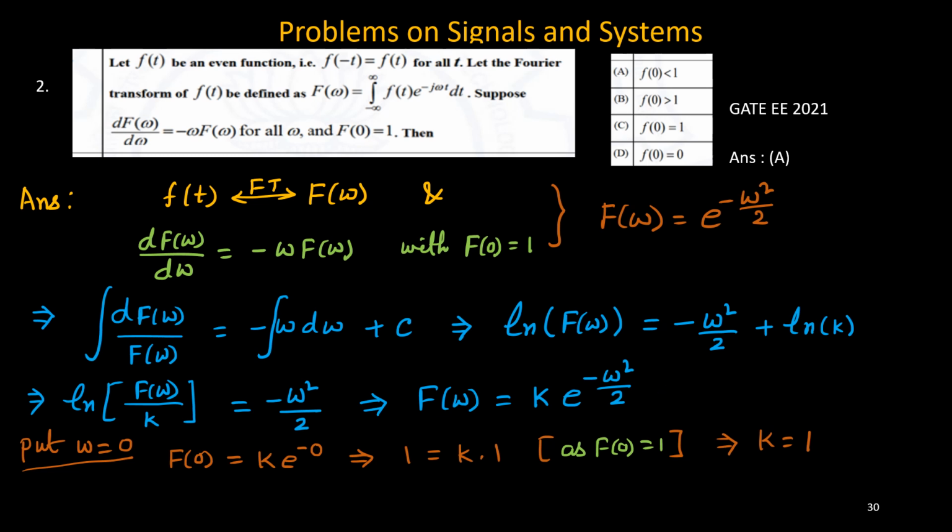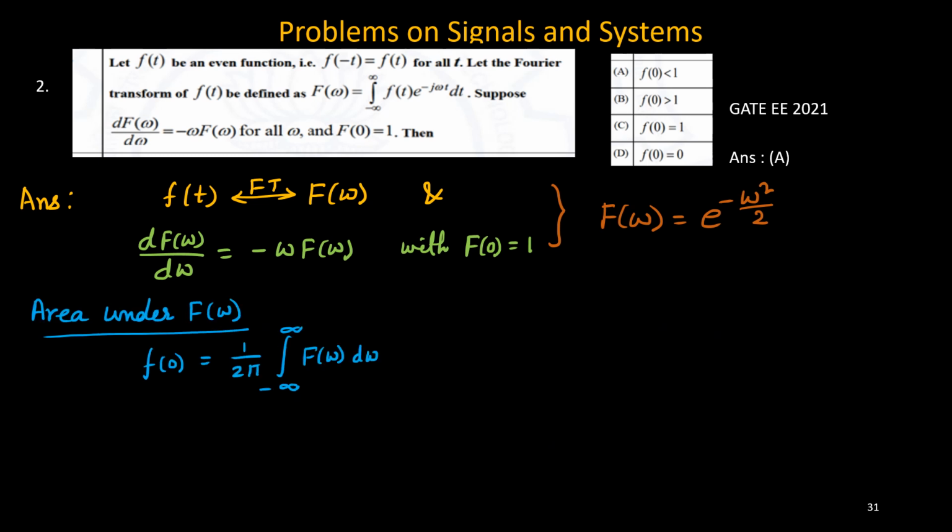Now we'll consider this property: f of 0 equals 1 upon 2 pi times the integration of capital F of W dW. Okay, this is very simple. The inverse Fourier transform we can easily find.